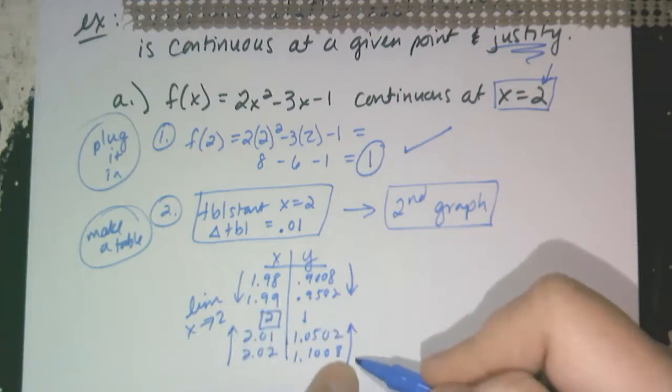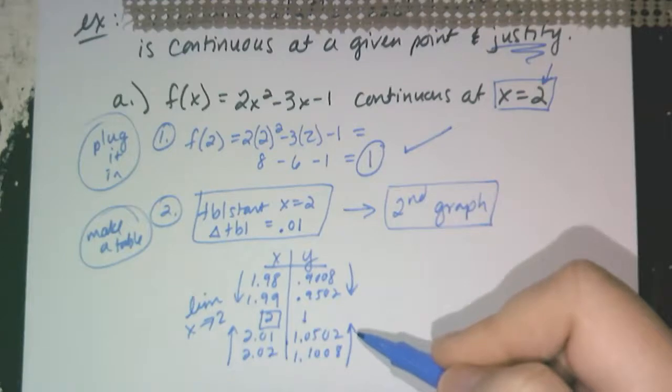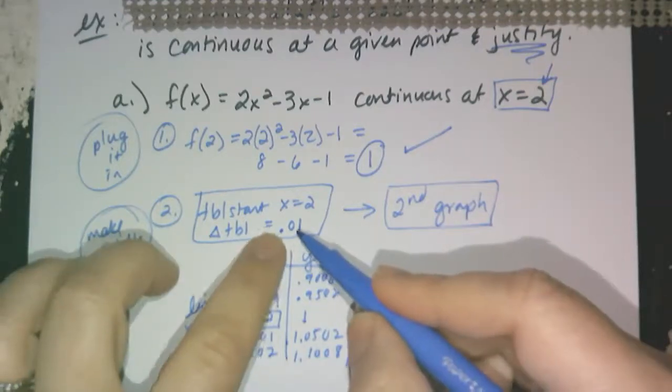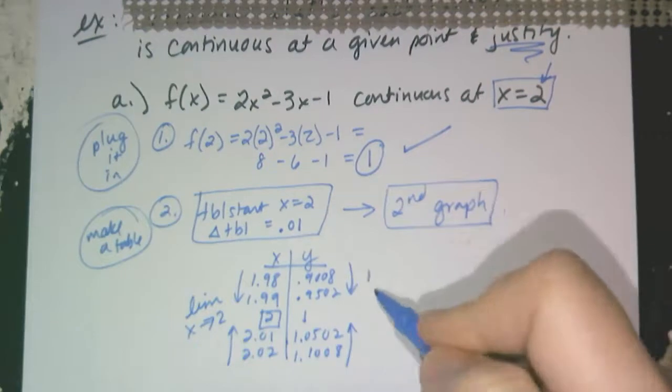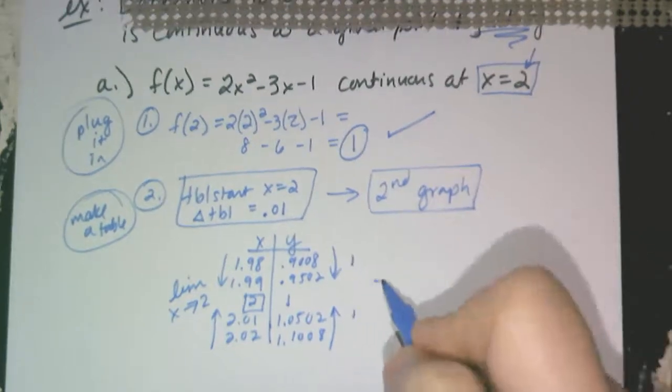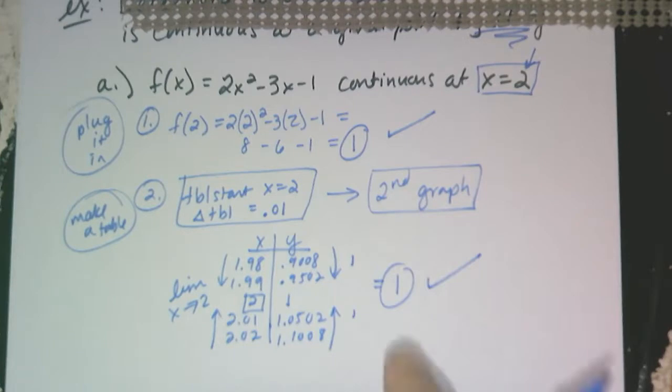What about 1.1008, 1.05? Does that look like it's approaching 1? And even if you went to an even smaller change in your table, like 0.001, it would get even closer. So this is going to 1 and this is going to 1. If they're both headed to the same number, then you've passed test 2. As long as they're headed to the same number. So that's what I mean by make a table of values.